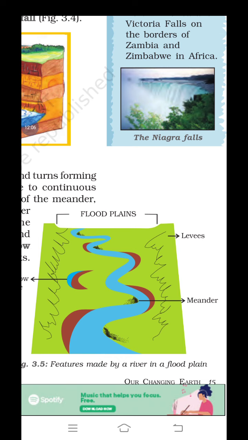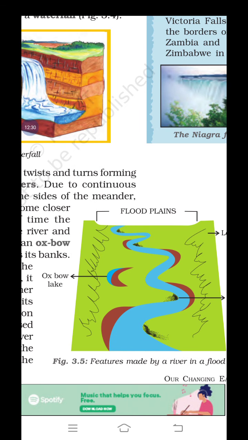When the rivers deposit all that material along their sides, slowly a lot of material is collected there. Then in due course of time the river cuts those parts from their sides. You can see on your screen, on the left side, there is a structure called an oxbow lake.